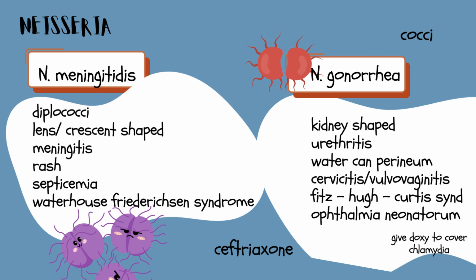Urethritis is majorly classified into gonococcal and non-gonococcal urethritis. And along with this, for gonococcal infection we also give doxy or azithromycin to cover chlamydia, because usually there is co-infection with chlamydia and chlamydia cannot be covered by ceftriaxone. So usually for urethritis we give ceftriaxone to cover gonorrhea and doxy to cover chlamydia.